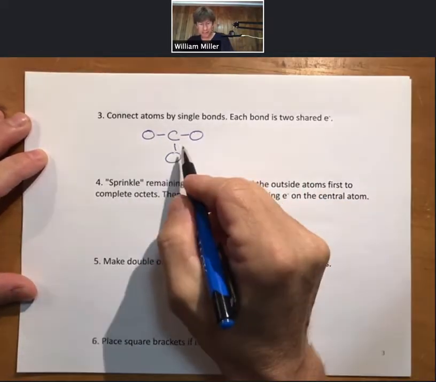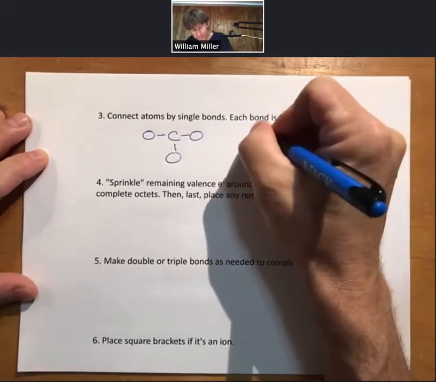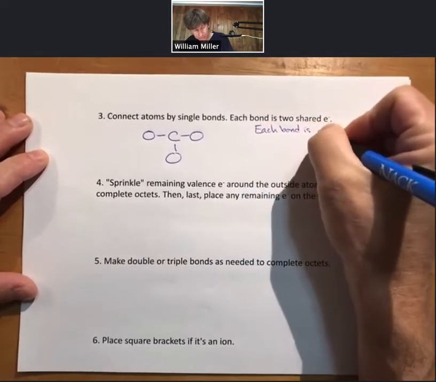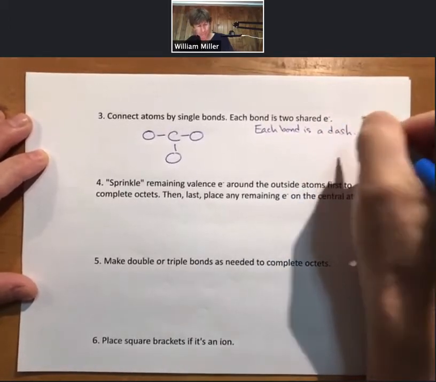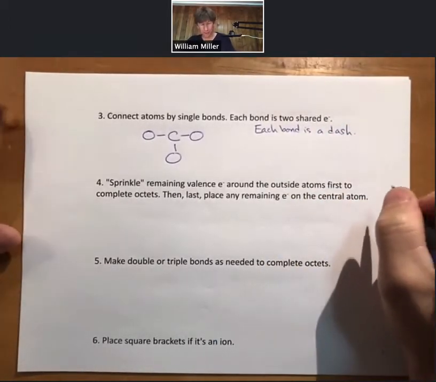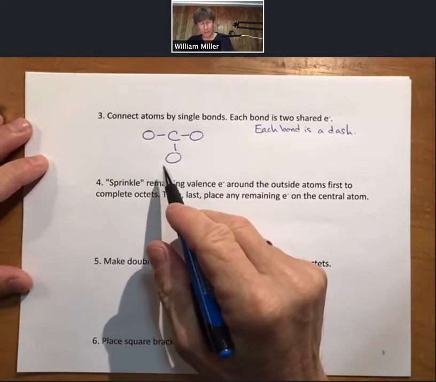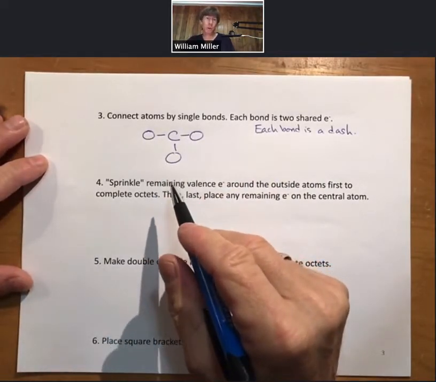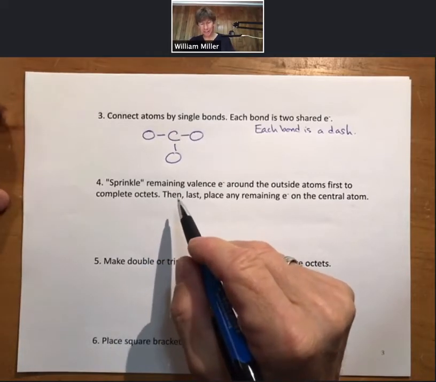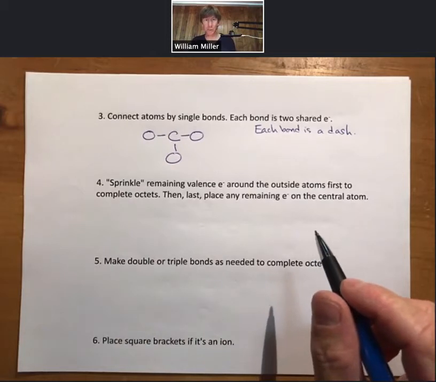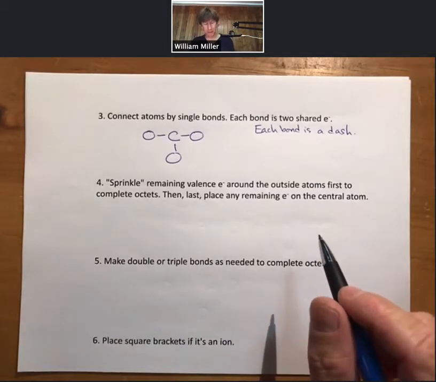Each bond is a dash, or a hyphen or whatever, it's a line. And the way that I do it is that, remember, we started with 24 valence electrons to put into this. I do not think of the electrons as belonging to any one of the atoms. I think they belong to the molecule.